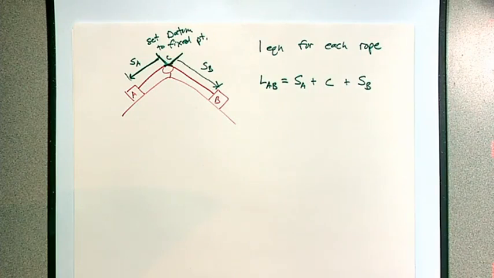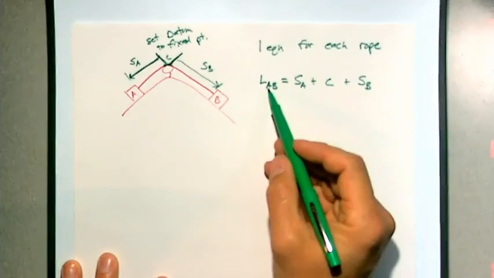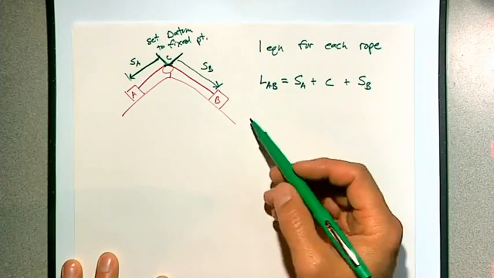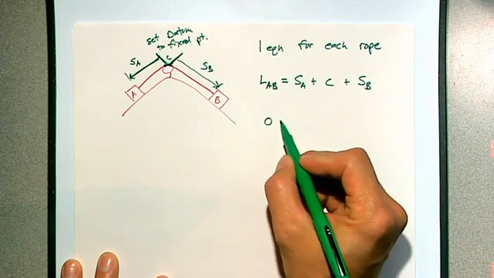If we're assuming this rope is inextensible, it doesn't get longer. Well, now if I took the time derivative, my length doesn't change. That goes to 0. So 0 on this side.